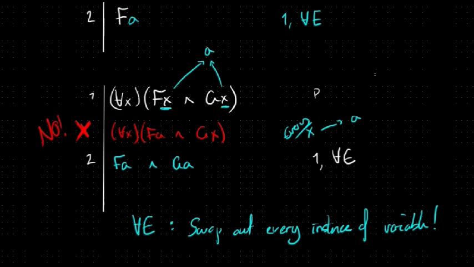You can't just swap out one, you have to swap out every single instance of it in the formula in which it's being applied. Right, so in this formula there's 2 instances of x, so both of those instances need to be swapped out.